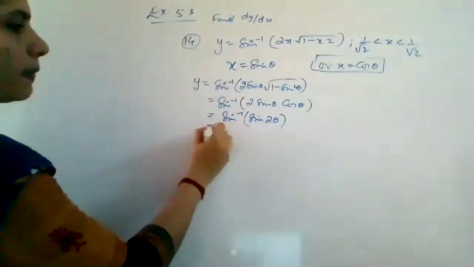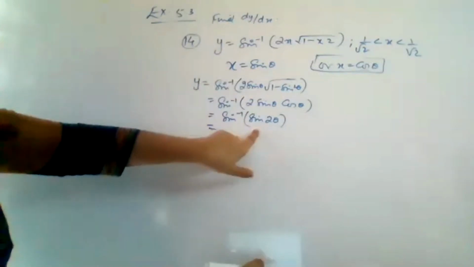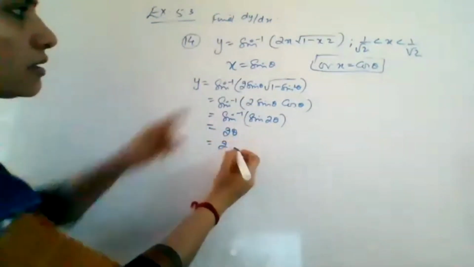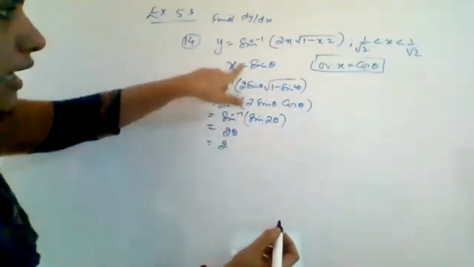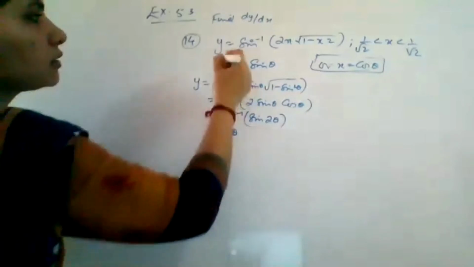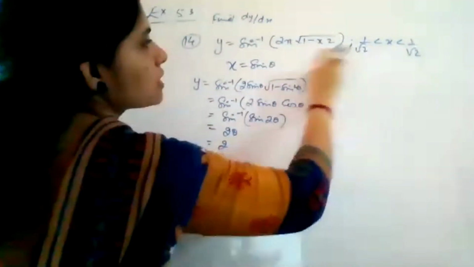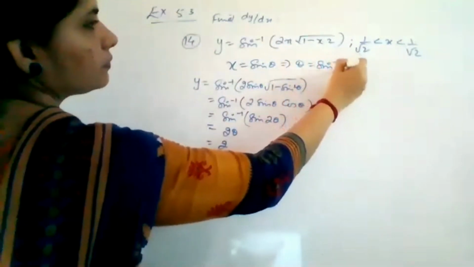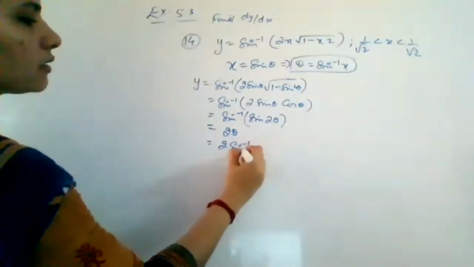For the ease of this calculation, I substituted. After that you will see 2 theta comes here, then you replace theta with what you have substituted. There you would get cos inverse; here I am getting sine inverse. From here you will get theta is sine inverse x. So replacing this, you will get 2 sine inverse x here.